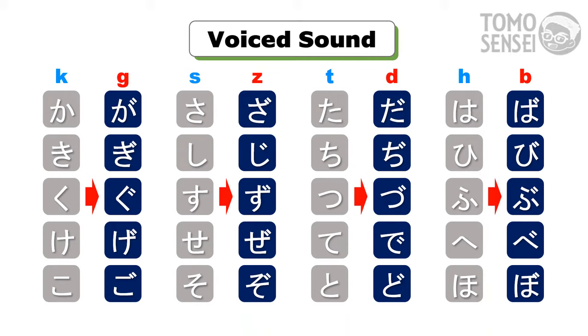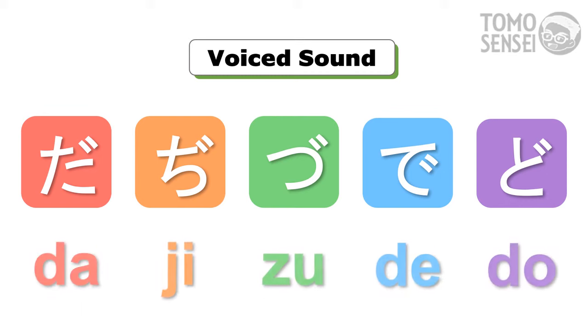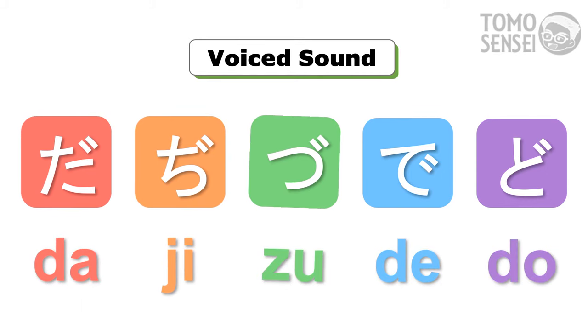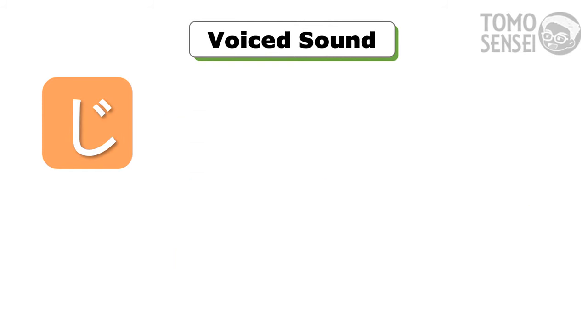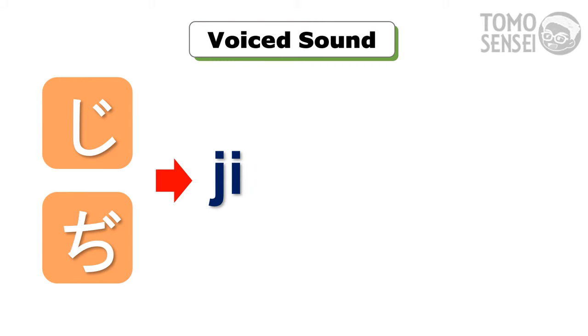Okay, next, let's practice to read the da column. だ、じ、ず、で、ど。Repeat after me. だ、じ、ず、で、ど。You can see that ji of the da column and ji of the za column are pronounced the same.